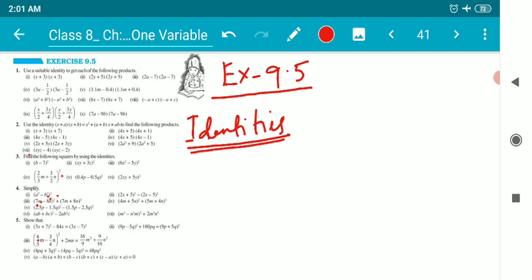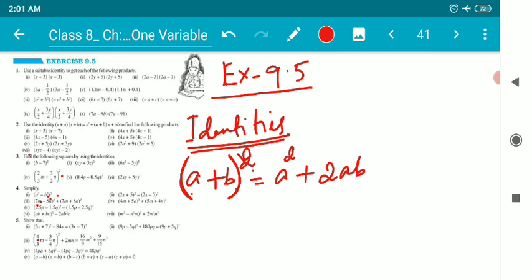So what is that identity? The first identity is (a plus b) whole square. Whole square means square on the total thing within the bracket, so the square is applied on the sum of a and b together. The identity of (a plus b) whole square is a square plus 2ab plus b square.